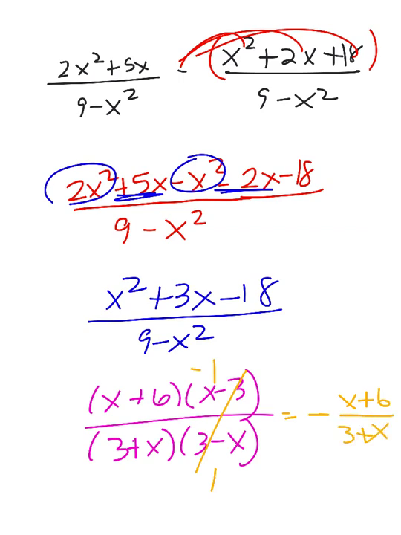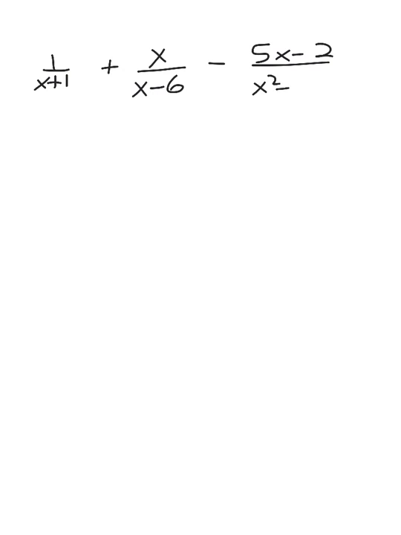Okay, so let's take a look at letter B, sorry. Letter B, we have different denominators. I have 1 over x plus 1, plus x over x minus 6, minus (5x minus 2) over x squared minus 5x minus 6. What I want to do is factor that trinomial.